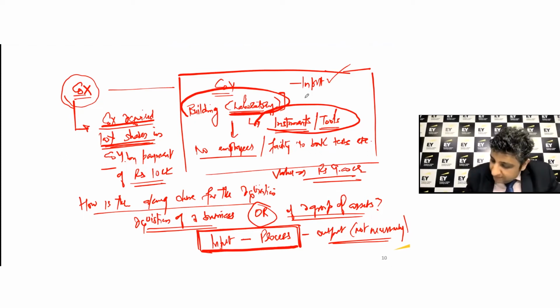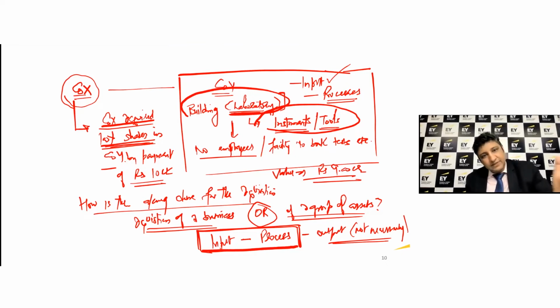However, as far as the process or processes are concerned, there is no manpower here, although we can still argue that it's part of an input. But even for that matter, there is no facility available in that laboratory. The structure exists, but there is no way to book the tests or use that facility. There is no such provisioning available.